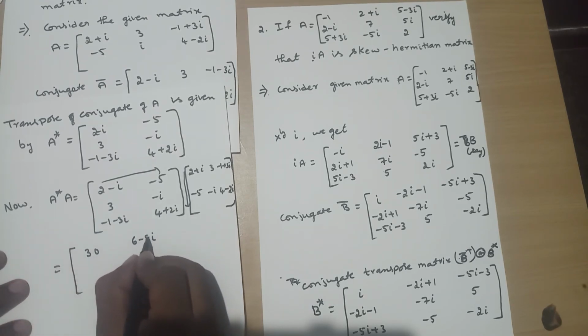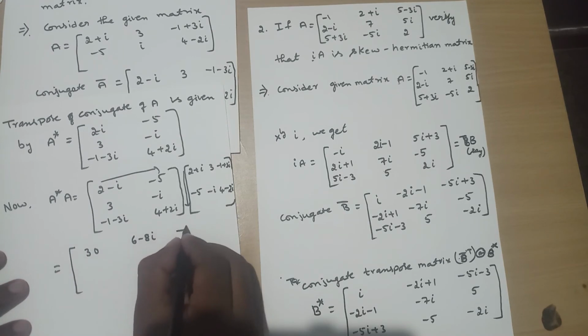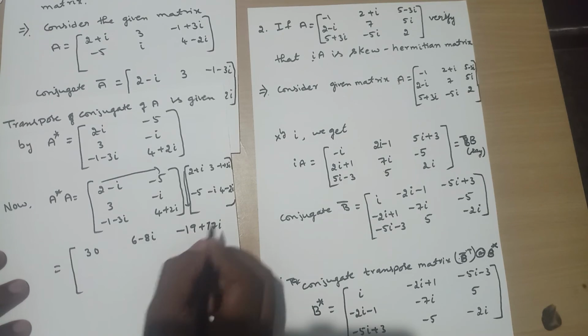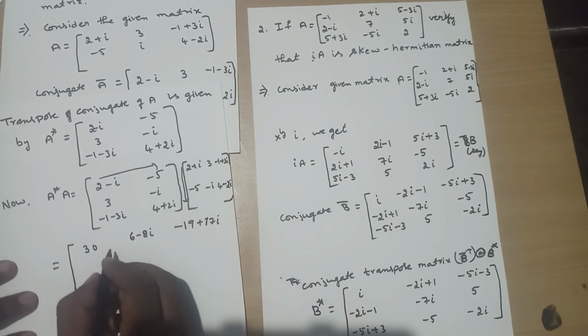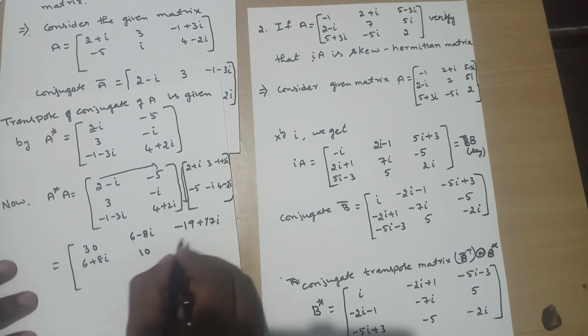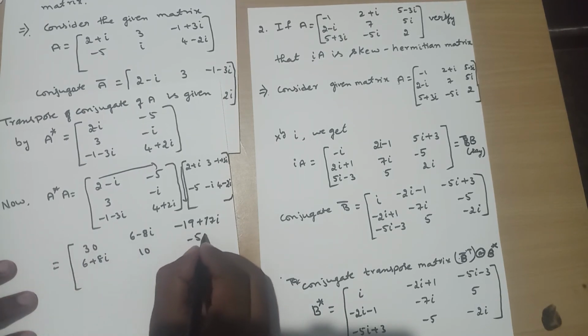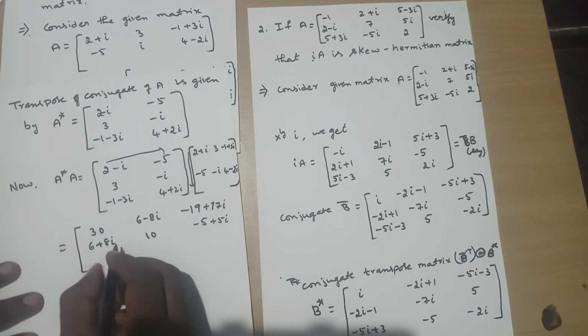If you cross multiply, the final answer is 36 minus 8I, and here minus 19 plus 17I, and here 6 plus 8I, 10 minus 5 plus 5I.